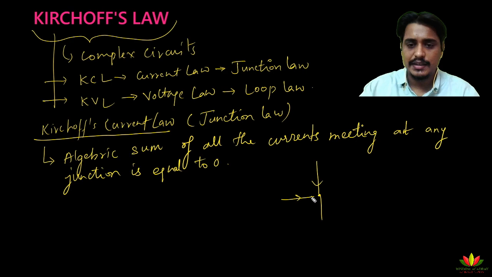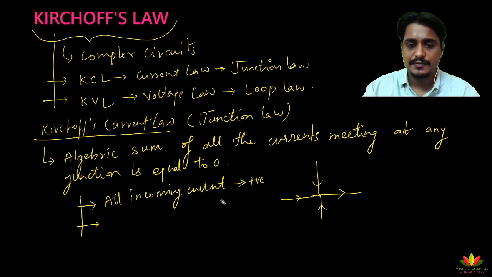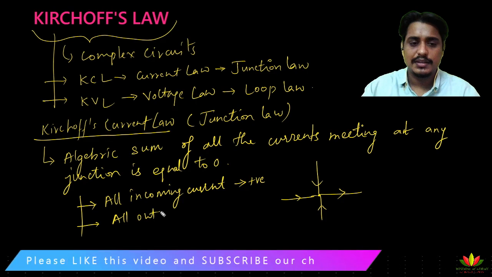Before applying this rule, you must know its sign convention. The sign convention says that all incoming currents at the junction are taken as positive, and all outgoing currents are taken as negative. You don't have to strictly follow this.